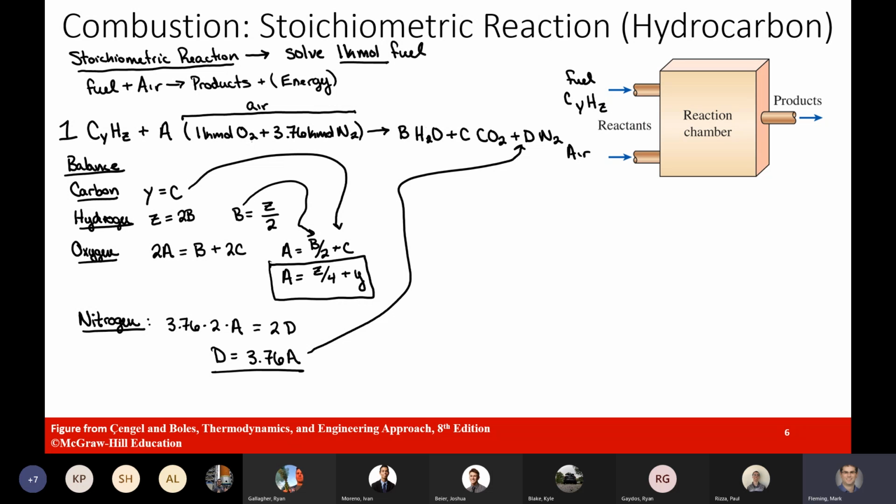And so at this point, that's where we want to start wrapping up today. But before we do, I want to point out the last little bit here, and that is in this form, A is equal to Z over 4 plus Y. This gives us the minimum amount of air that we would need.